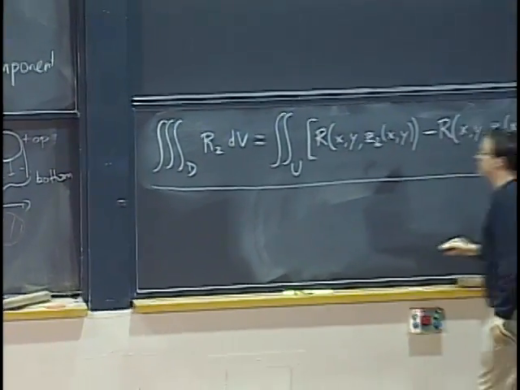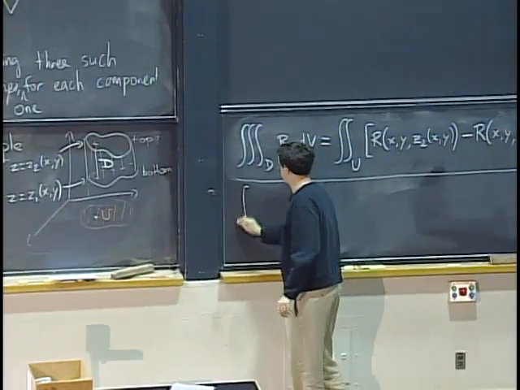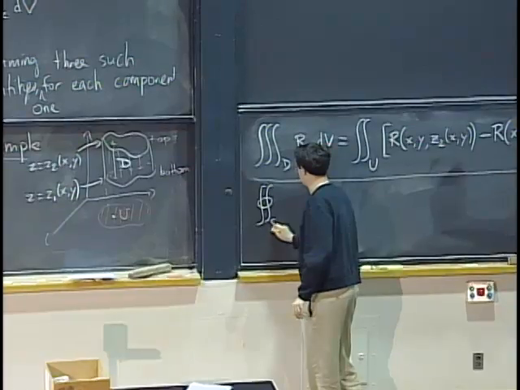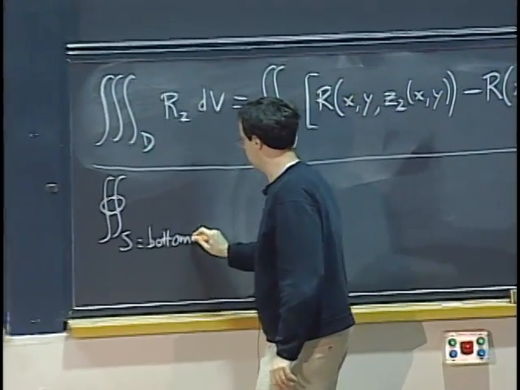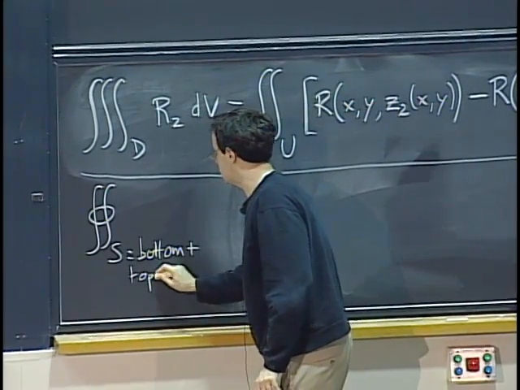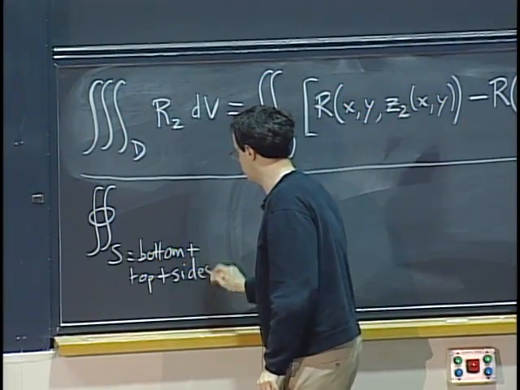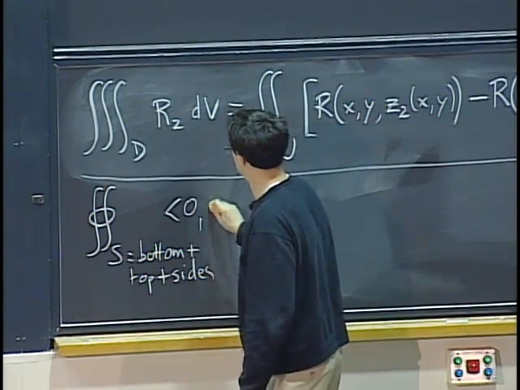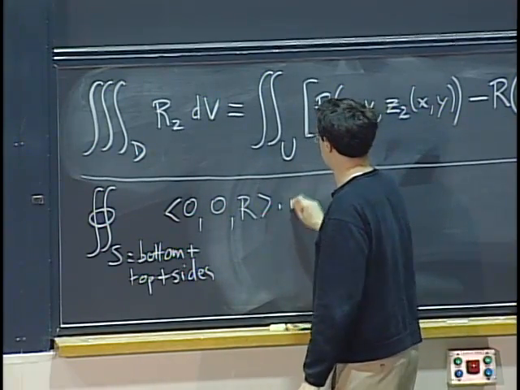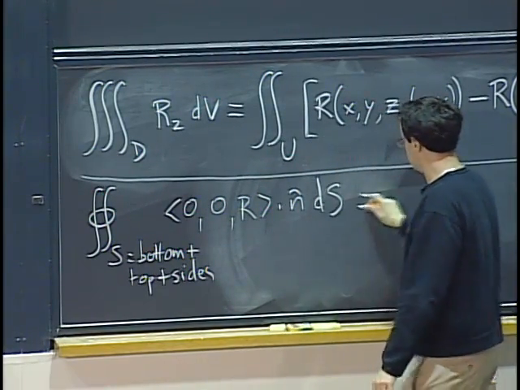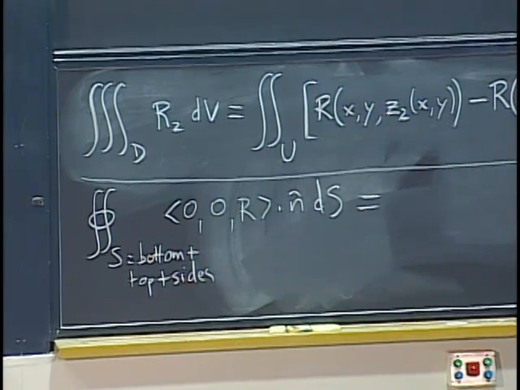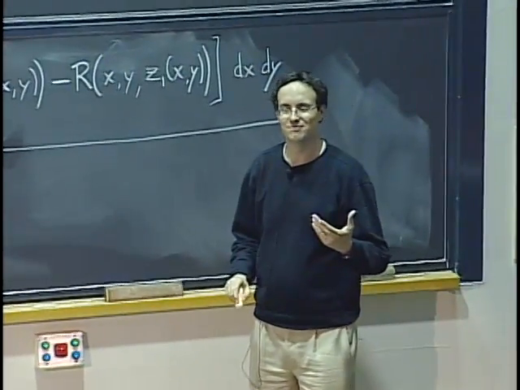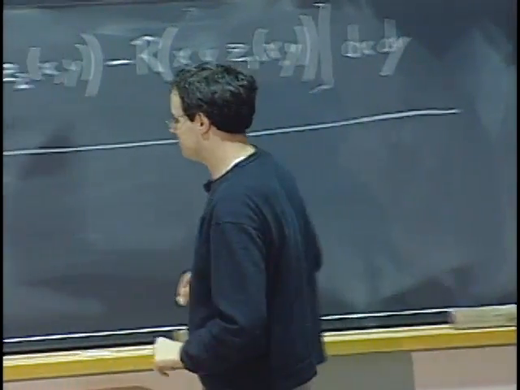So the other side: S is bottom plus top plus sides, and the flux is the integral of this vector field dot n dS. First we have to look at the bottom. Now, let's start with the top, actually.